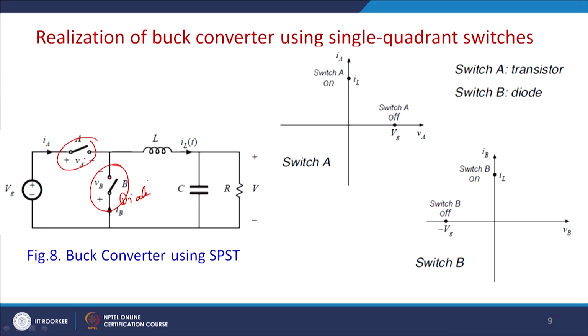Thereafter, we require another switch. This switch can be an IGBT or also a diode, and since control is not required, in most cases this SPST switch will be a diode and this SPST switch will be a transistor or IGBT.